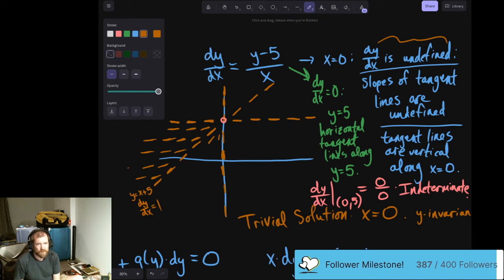But then as we get closer and closer to x equals 0, it becomes more and more vertical. Nope, that's shallow. I need steeper. And again, not quite vertical, but it's getting there. And they should always be steeper as we're moving to the right toward x equals 0.